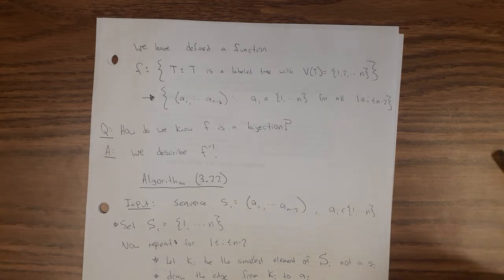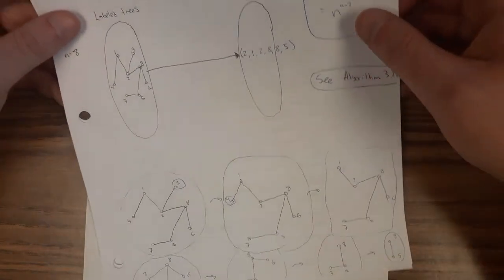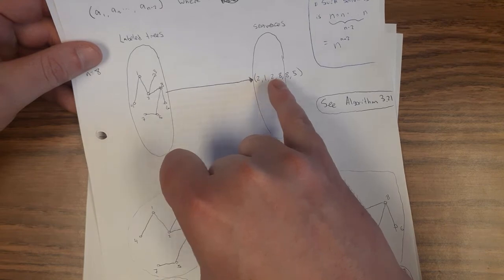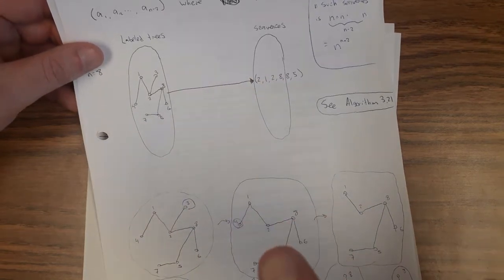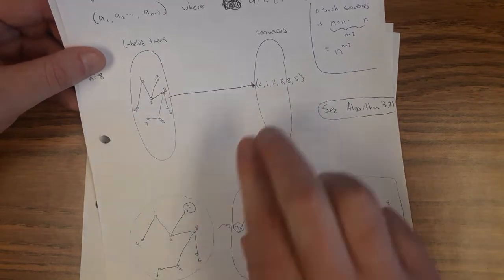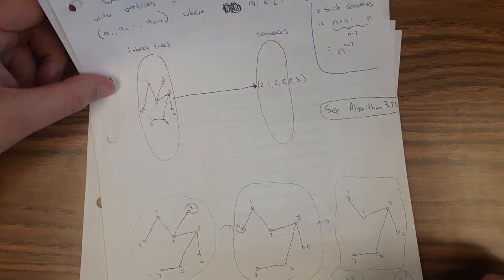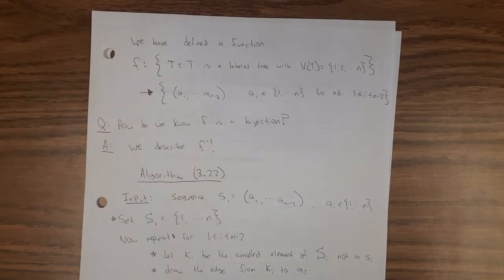In particular, the inverse should be able to tell me, for example, for this particular labeled tree and the particular sequence that it came out with, the inverse is basically a way of taking this sequence and telling you what tree it came from.